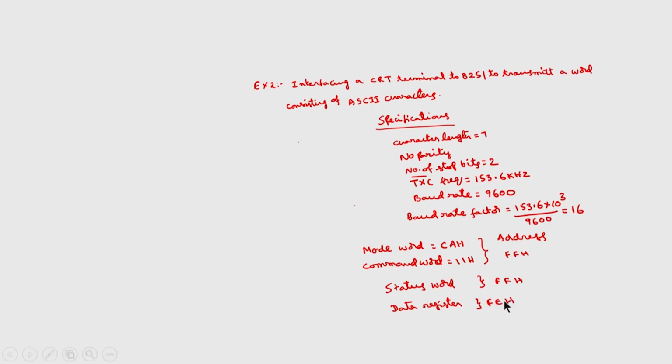With these specifications, I will discuss how a CRT terminal can be connected to 8251 to display some words consisting of ASCII characters. We have these connections between 8086 and 8251: A0 to A0, read bar to read bar, write bar to write bar, and so on.